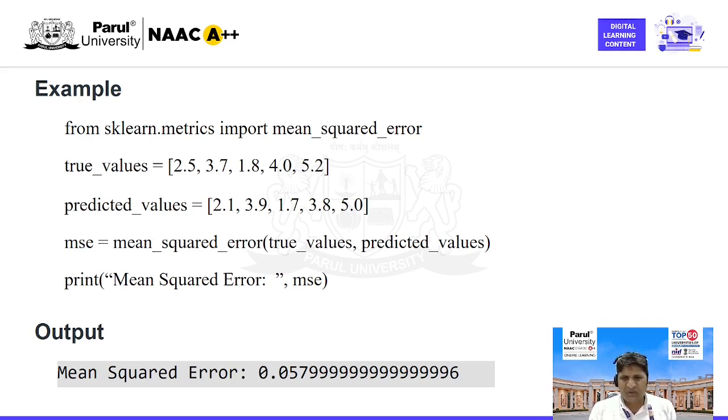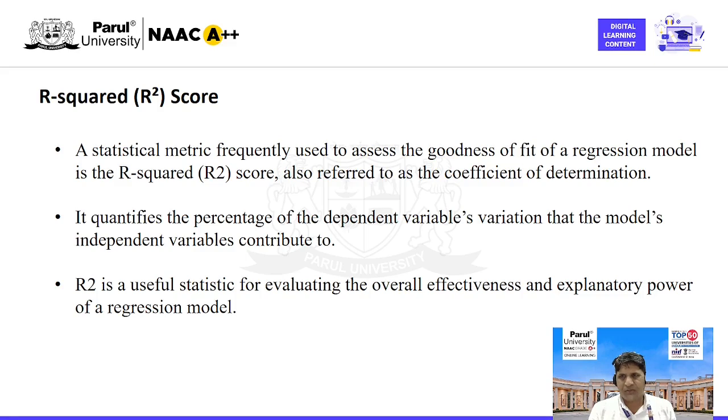In the same example, when we used the mean absolute error, the result was 0.22. Now the result is reduced to 0.05. It means mean squared error is very commonly used. The next one is R squared score.